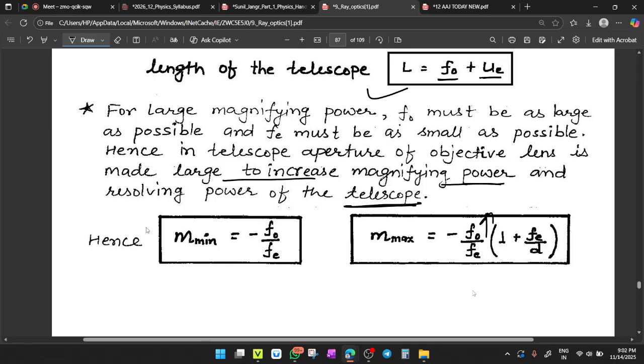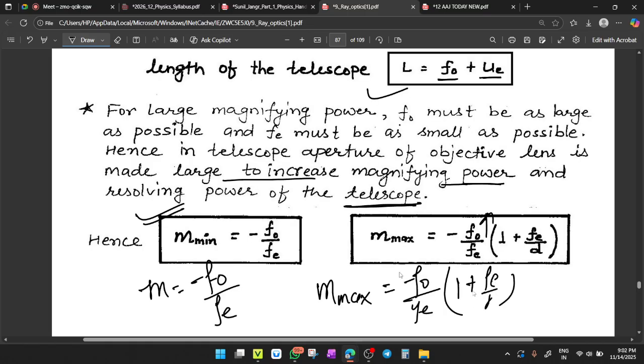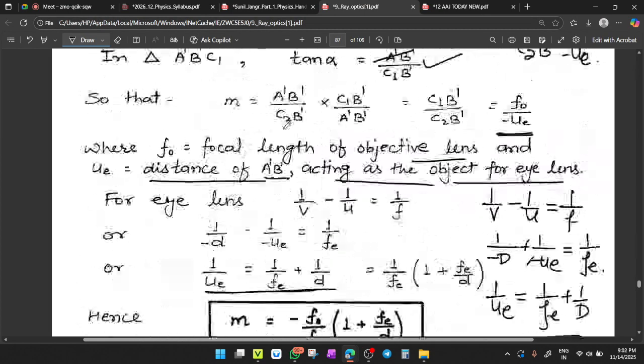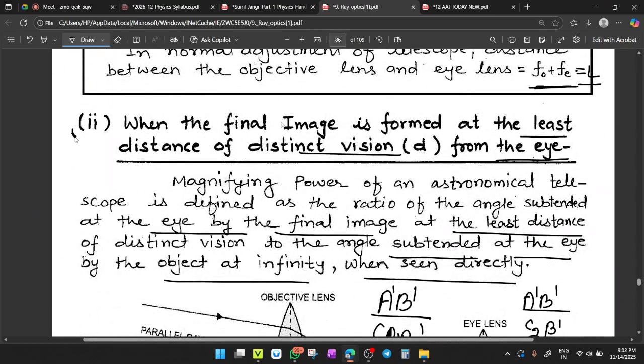Resolving power is not in our syllabus, so no worry. So minimum magnification is given by M minimum equals minus FO upon FE. That is called normal adjustment, and maximum magnification is given by minus FO upon FE times 1 plus FE by D. Got it? Resolving power is not in our syllabus, students.